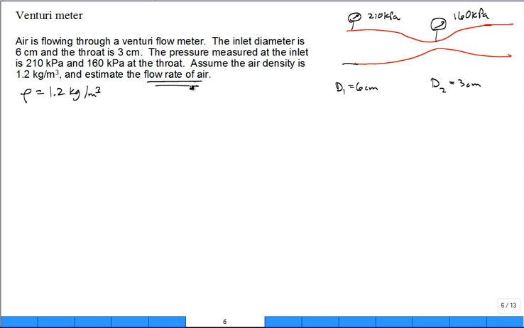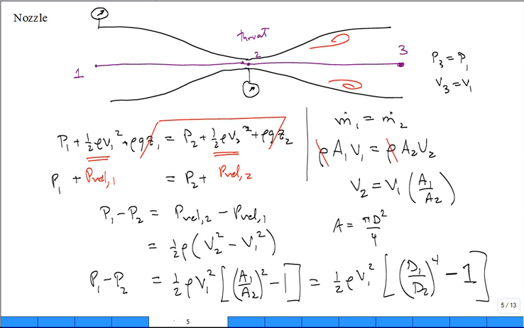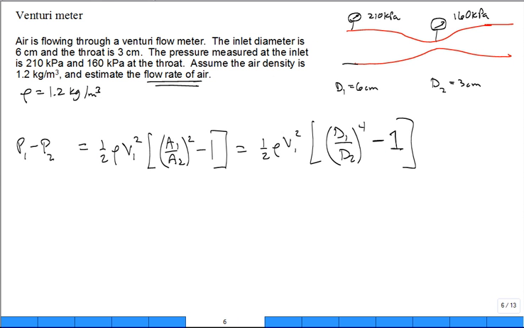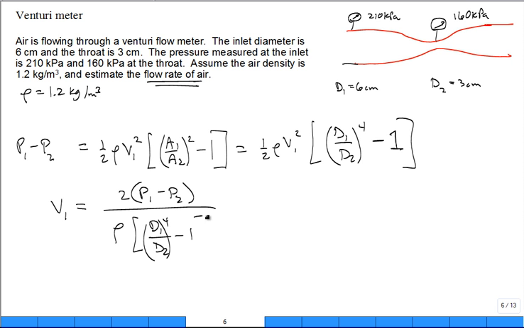So going back, you just apply Bernoulli's equation along a streamline from 1 to 2, and you can predict the speed. Let me just grab this equation. What you have is V1 is equal to the square root of (P1 minus P2) times 2 divided by rho, divided by ((D1 over D2) to the 4th minus 1).